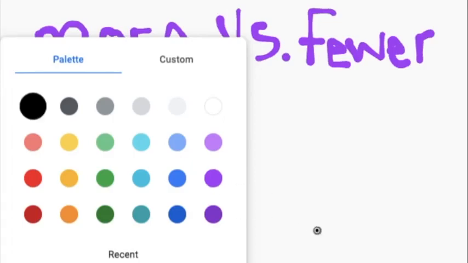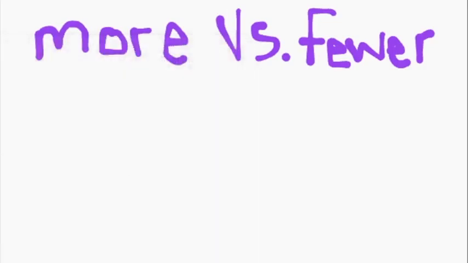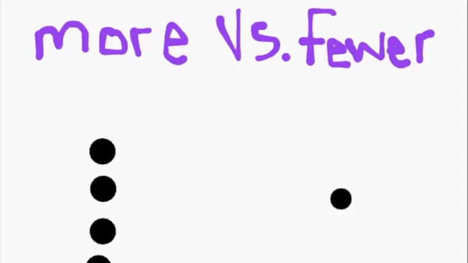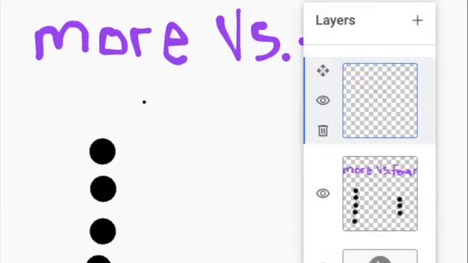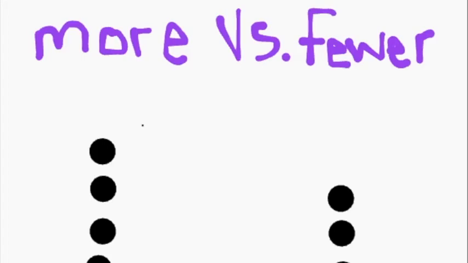If I do 1, 2, 3, 4, 5 over here and 1, 2, 3 over here, which one has more? That's right, it's this one with 5. Now, out of these two, which one has fewer? That's right, it's 1, 2, 3.